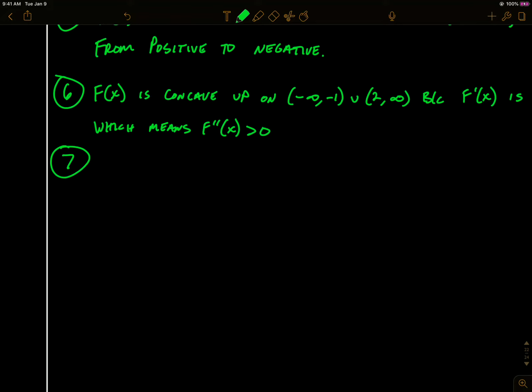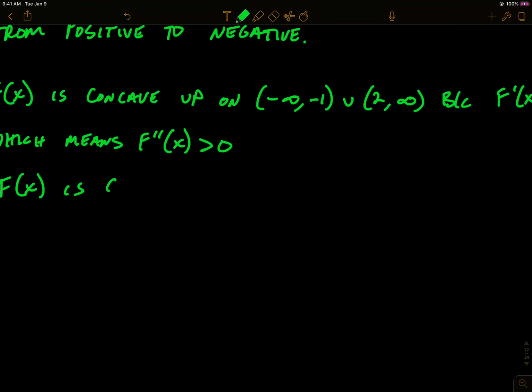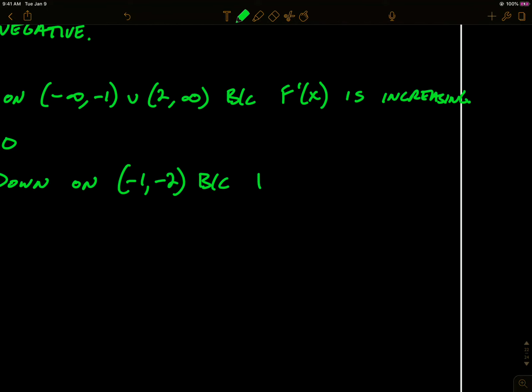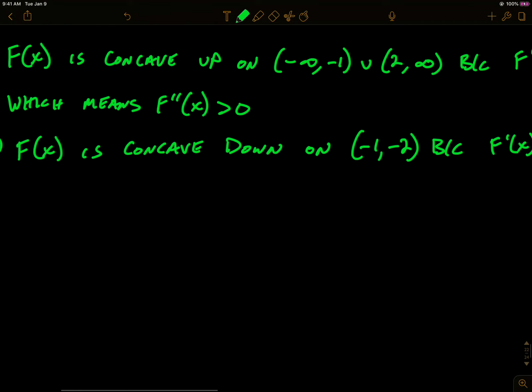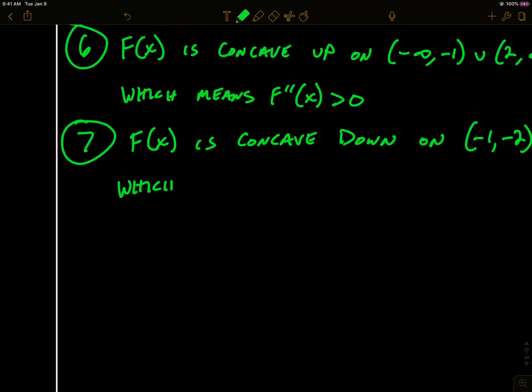So we're going to say kind of the vice versa here. So I know that f of x is concave down on the interval -1 to 2 because f prime of x is decreasing, which means that f double prime must have been negative.